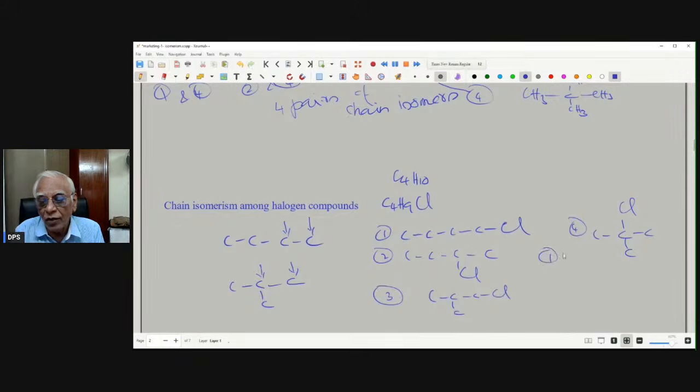Once again, 1 and 3, 1 and 4, 2 and 3, 2 and 4. There are 4 pairs of chain isomers for this molecular formula.